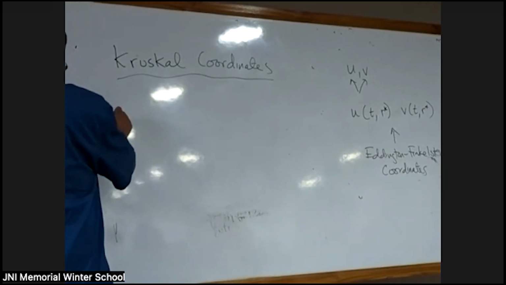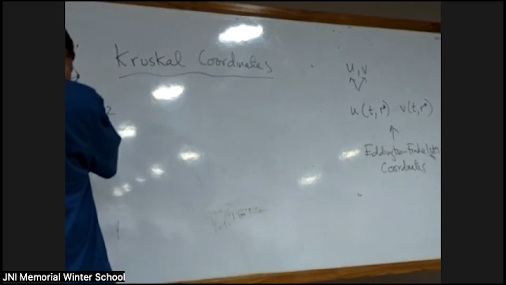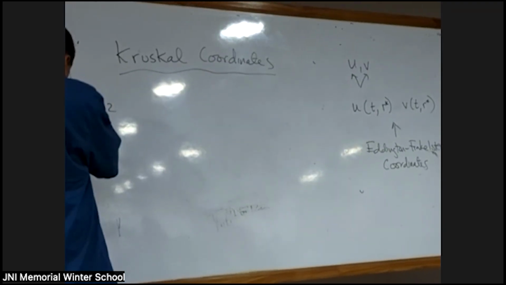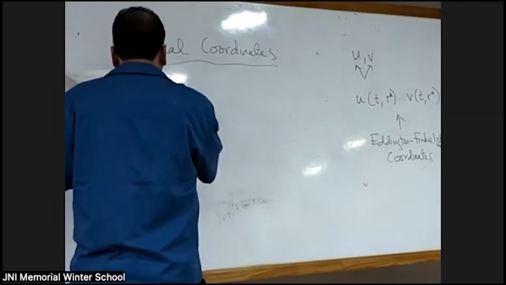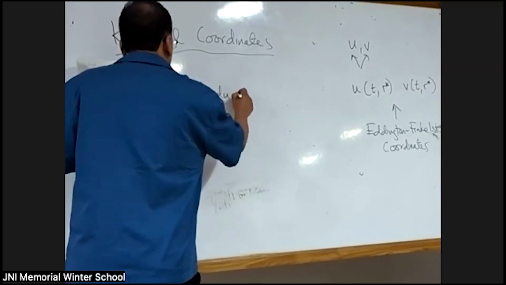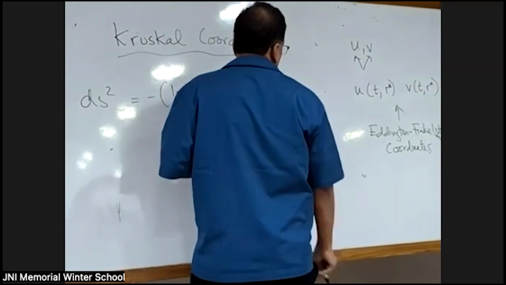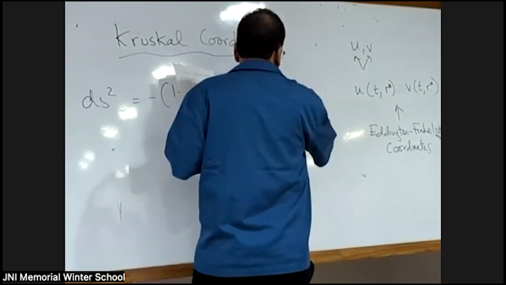If we write ds squared like this, in terms of the Eddington-Finkelstein coordinates, du dv plus r squared d omega squared.